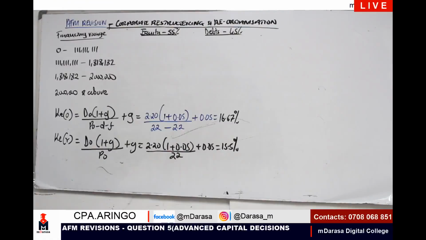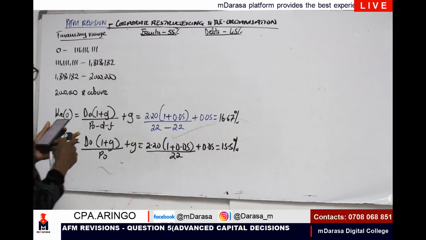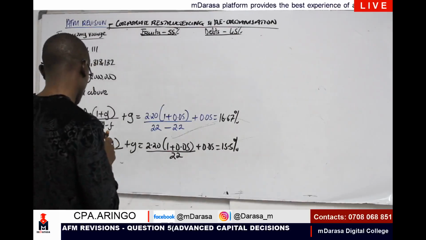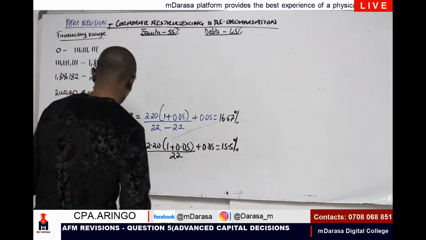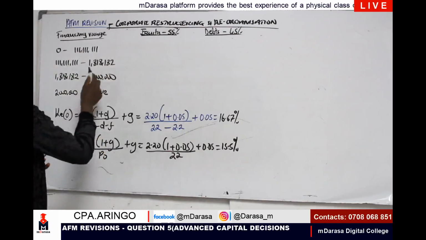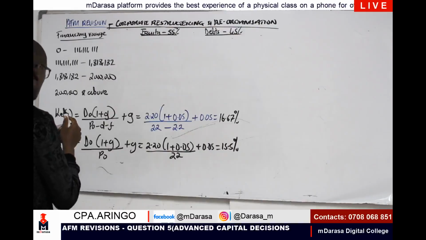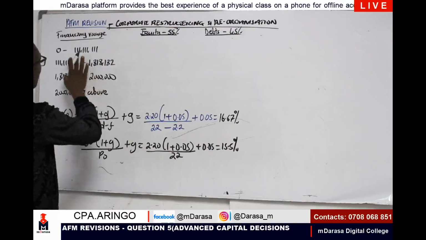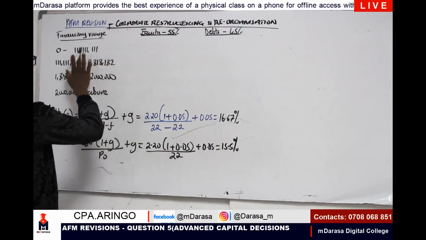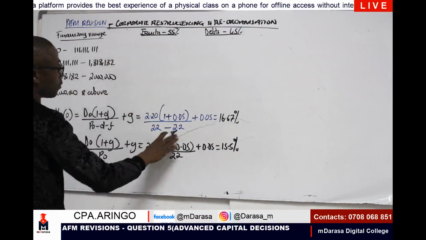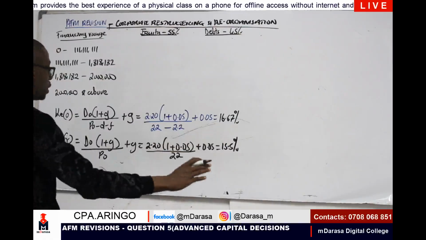Great. Once we have that in mind, we can proceed to the next point and determine our cost here. Up to this point, from 0 to 1.1, I'm not going to issue any ordinary shares.